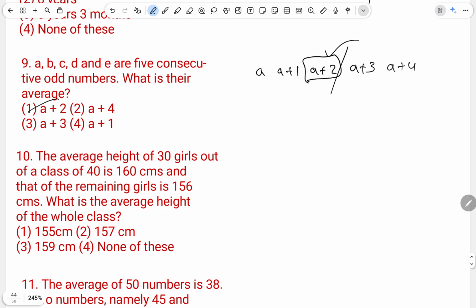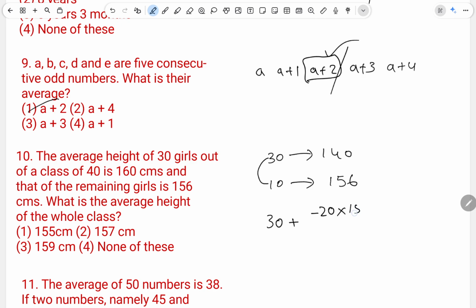The average height of 30 girls out of 40 is 160, and that of the remaining is 156. What is the average height of the whole class? 30 people, average is 160, and 10 persons, average is 156. What is the total average they are asking?